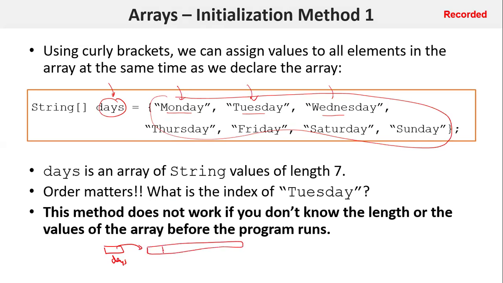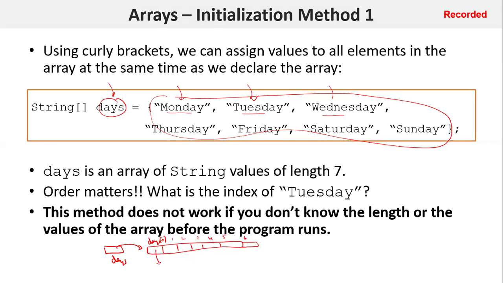Reference 0, days[0], days[1], days[2], 3, 4, 5, 6. Day 6. 0, 1, 2, 3, 4, 5, 6. Days[0], days[1], days[2], like that.